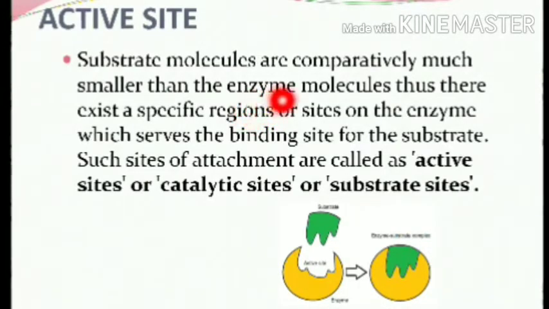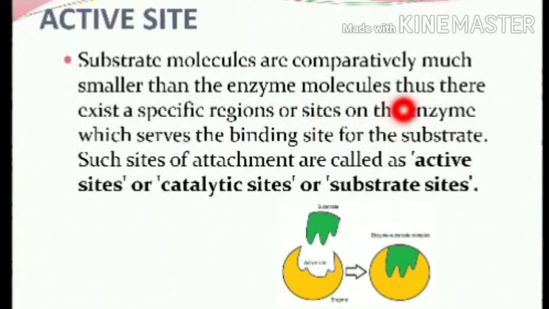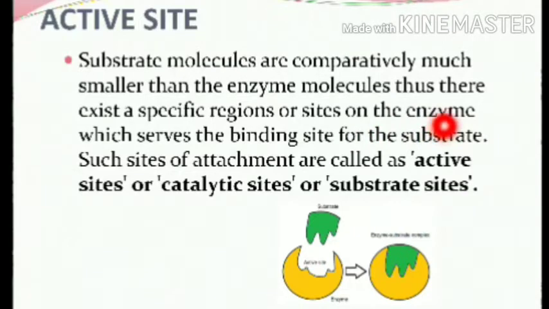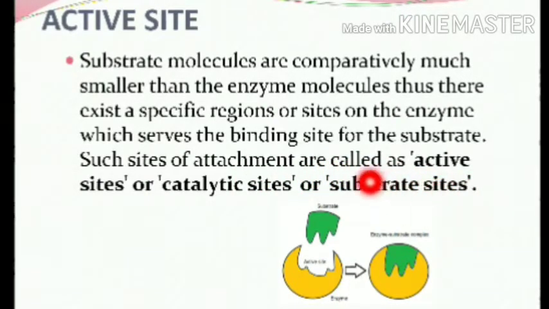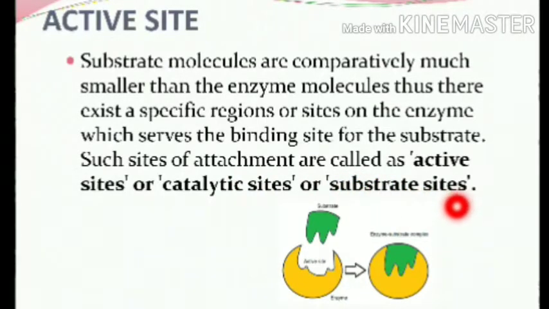So substrate molecules are comparatively much smaller than the enzyme molecule. There exists a specific region or site on the enzyme which serves as the binding site for the substrate, and such sites of attachment are called active sites or catalytic sites or substrate sites.